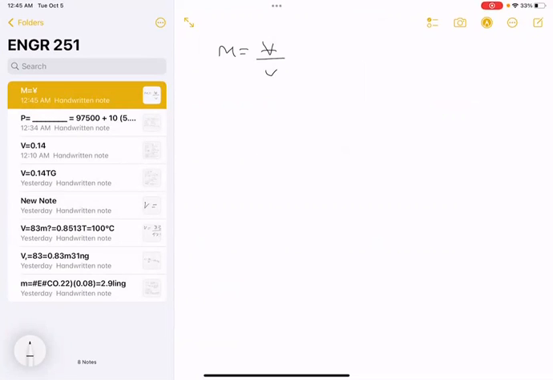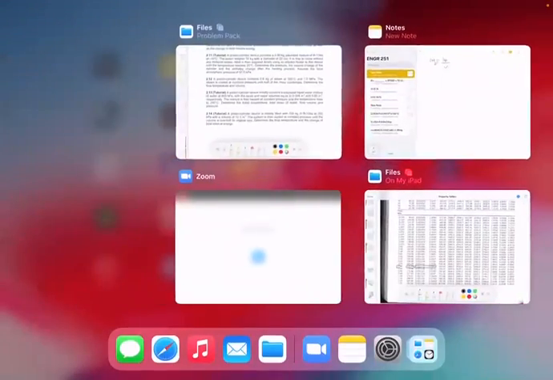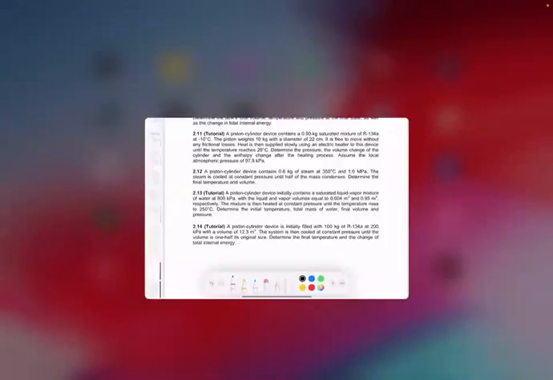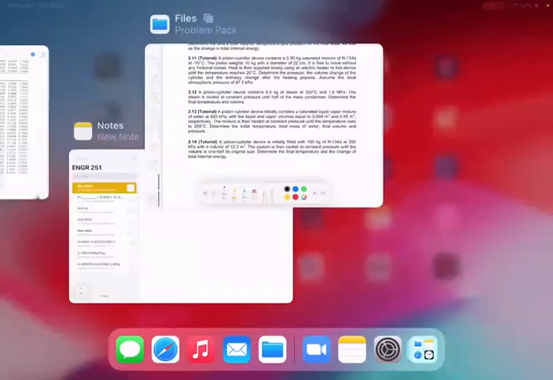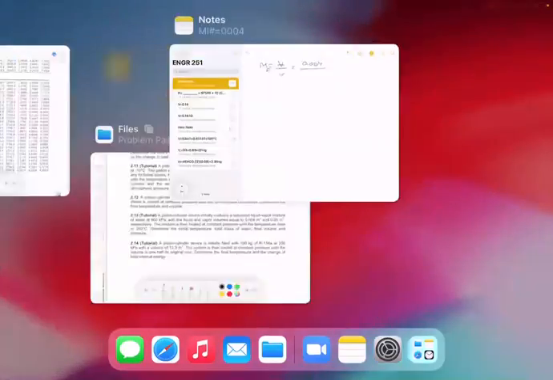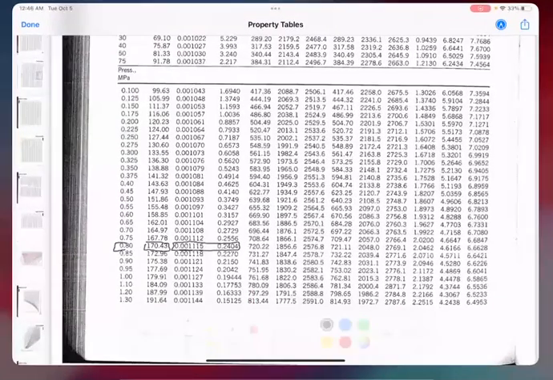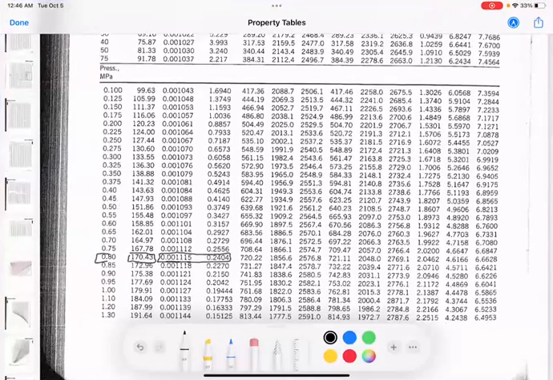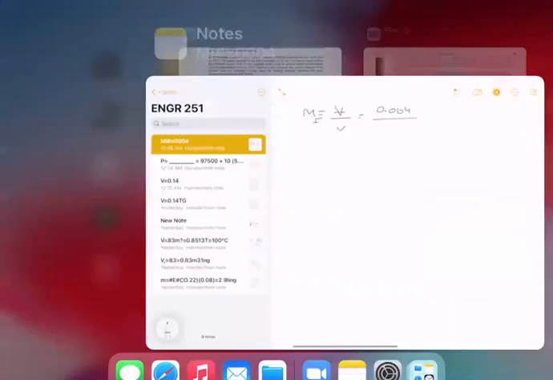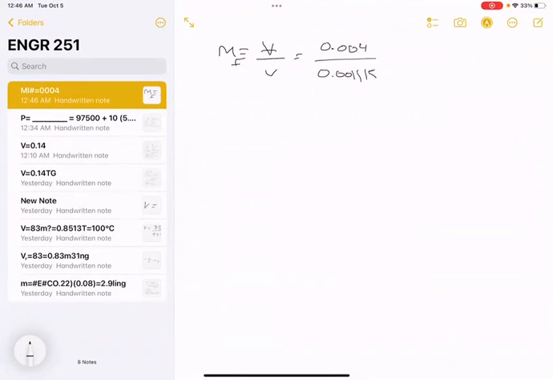So the mass of the liquid is equal to the volume of the liquid component, which we're told, that's 0.004, divided by the specific volume of a liquid in that state, which we can see from the tables is 0.001115.